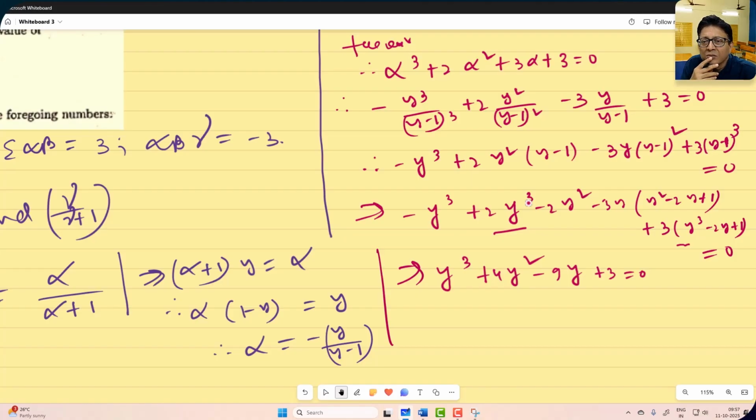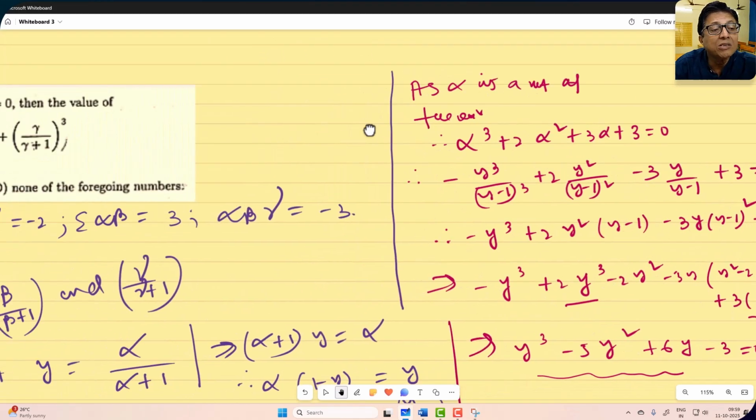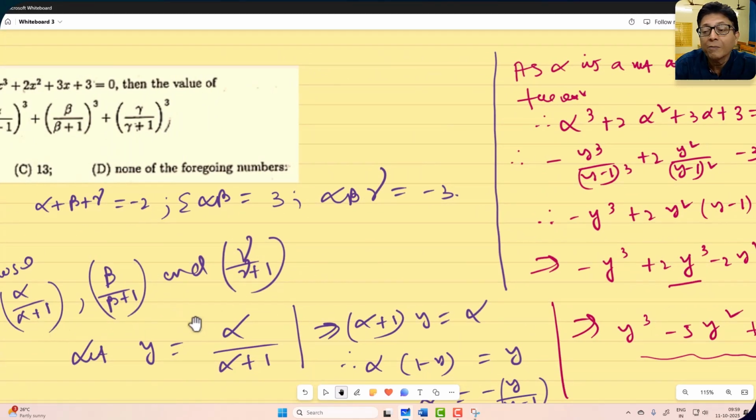Okay, so this is the equation y cube minus... so the final equation, there is a mistake, it is cube, no, not square. So we should write it here. On simplification, I got this thing. Okay. What are the roots of this equation? Alpha by alpha plus 1, beta, not cube.